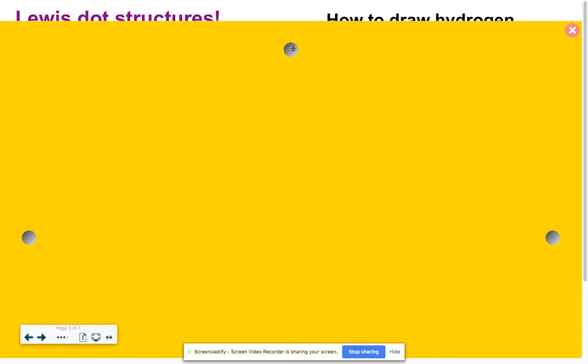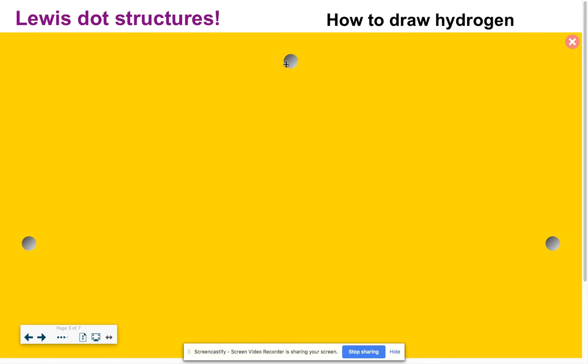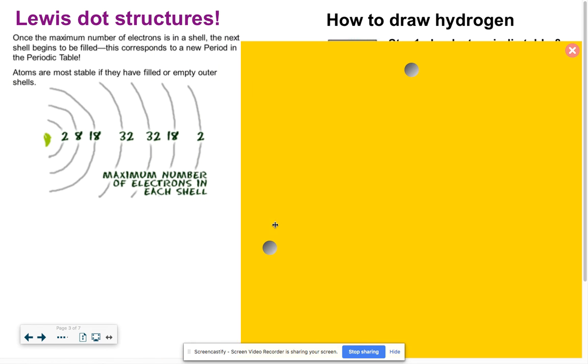So, what I want us to look at is something called a Lewis dot structure. Okay. So the Lewis dot structure is based off of this principle of electron shells. So if you imagine this being like an atom and it was cut into a small slice, the green represents the nucleus.